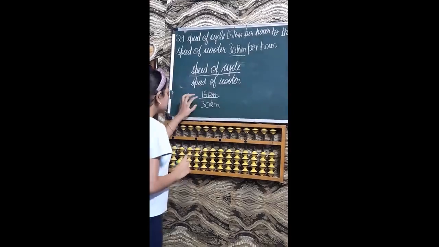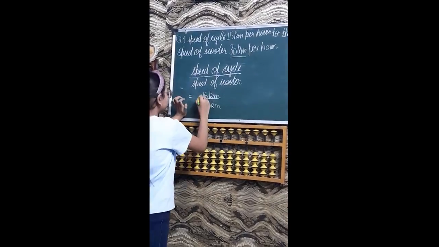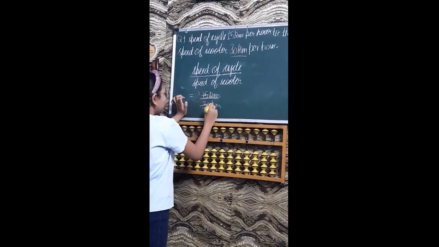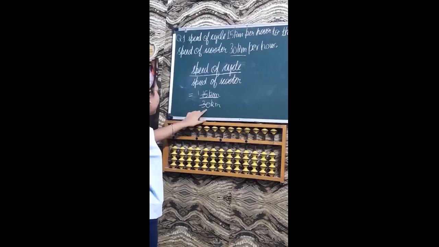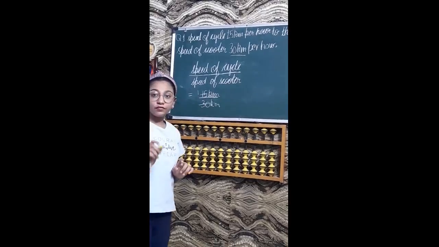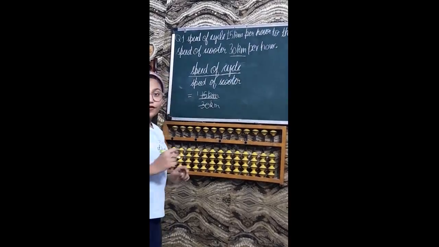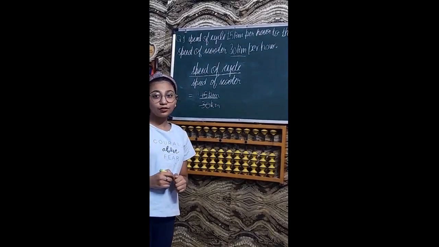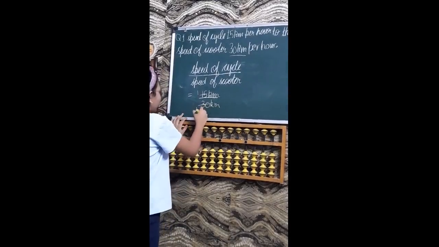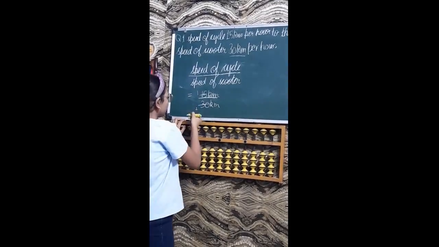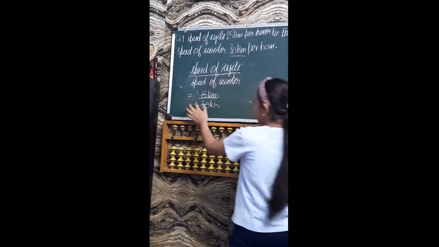Okay. Now 30 comes in the 15 table, right? So 15 into 2. What is 15 into 2? Yes, it's 30. So 15 twos are 30. So we have correctly cut it down.